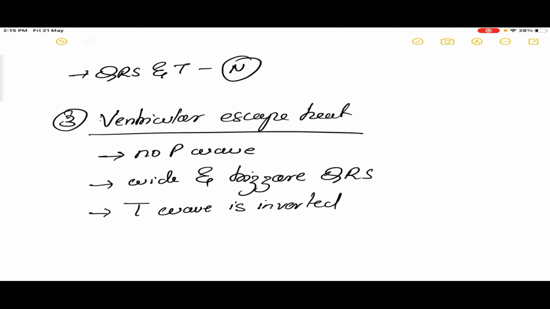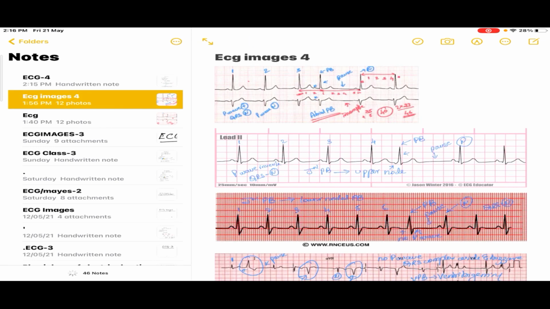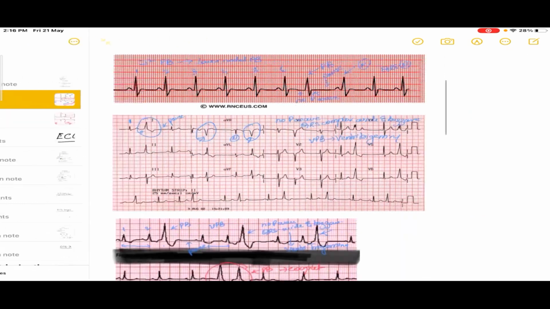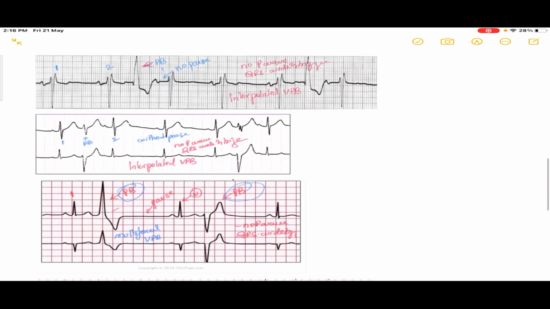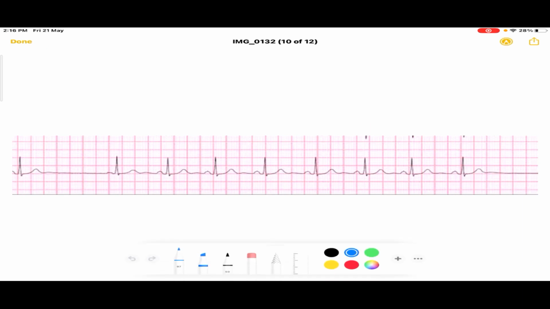Now let's see a few ECGs. Here you can see a sinus arrest.